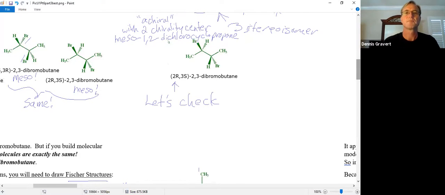In the previous video, we assigned R and S. I grabbed this other stereoisomer and I thought, let's check carbon number 2. Here's carbon 1 here. Let's see if we can verify that carbon 2 has the R configuration.